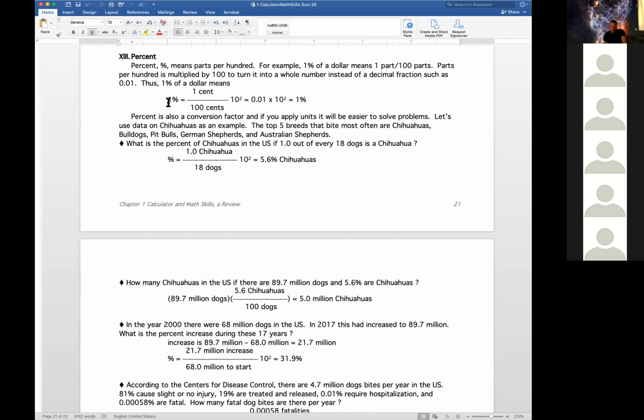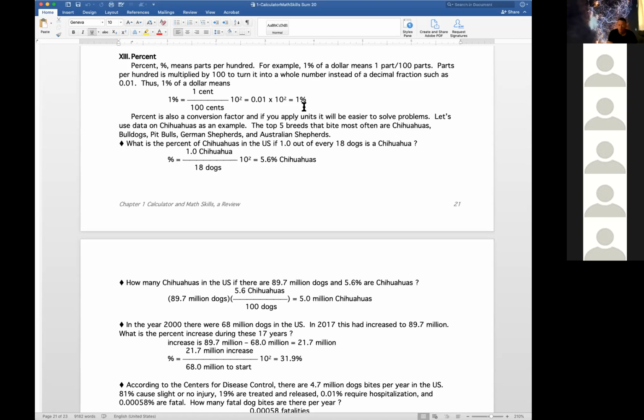So 1% really means you have 1 part out of every 100 parts, which would give you 0.01, but then you're multiplying by 100 to turn it into percent. So percent means parts per 100. Percent can also be used as a conversion factor because it's directly proportional.